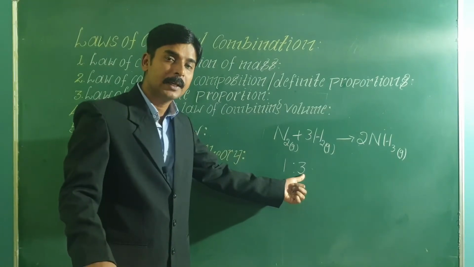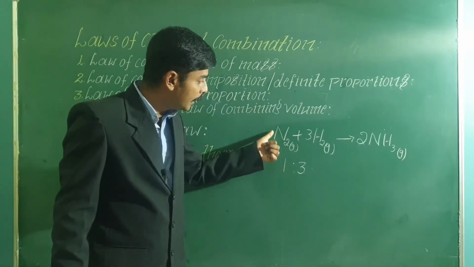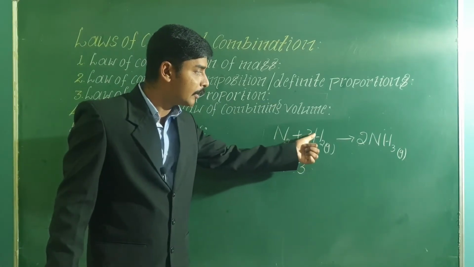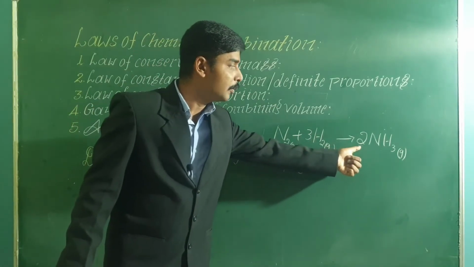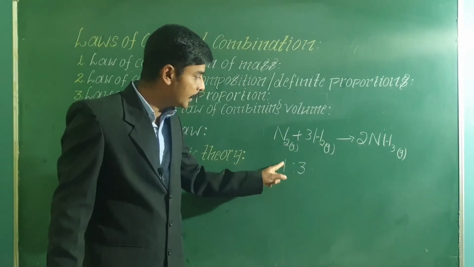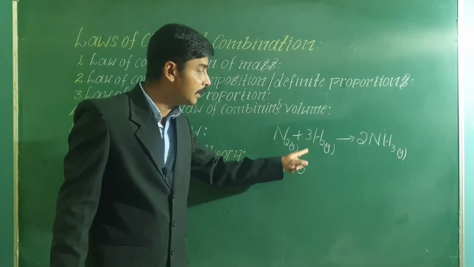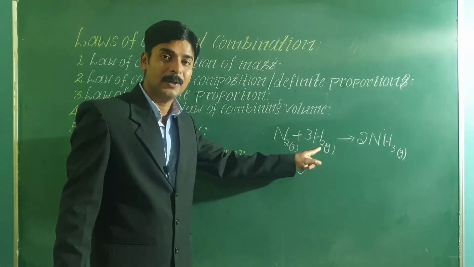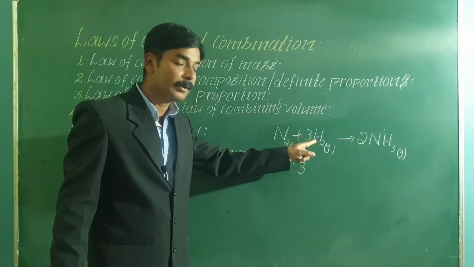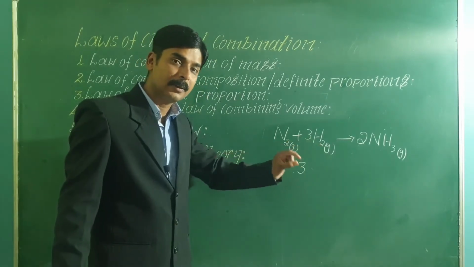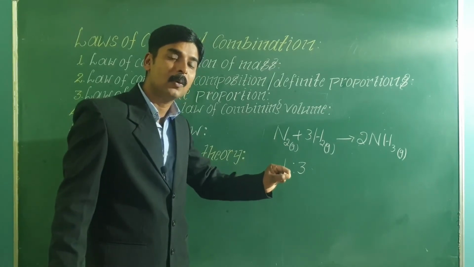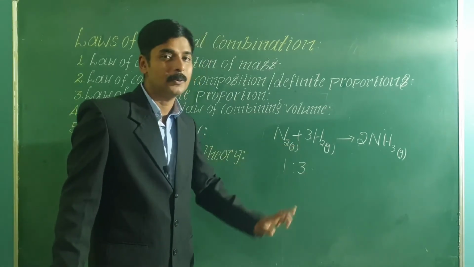What does it mean? It means that 1 liter of nitrogen gas combines with 3 liter of hydrogen gas to form 2 liter of ammonia gas. It is not 1 kg of nitrogen combined with 3 kg of hydrogen. No. 1 liter of nitrogen combines with 3 liter of hydrogen. That is why I mentioned they always combine in a simple whole number ratio by volume.